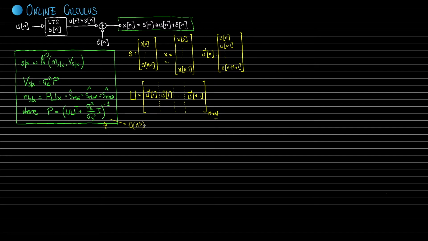And well, in real-time applications, this is not feasible. So we would like to have some way to update the filter coefficients iteratively without needing to store the whole signal, and also trying to avoid the computational complexity of the matrix inversion. And it turns out that we can do that, and we will see how.